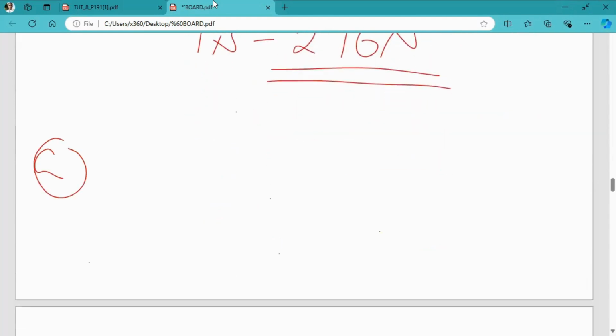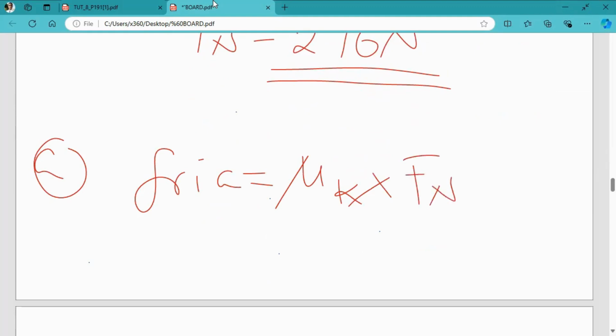Okay, question C, calculate the frictional force. So we bring down the formula for calculating friction, and friction is equal to what? Is equal to mu, which is the coefficient of friction multiplied by the normal force, which is Fn.